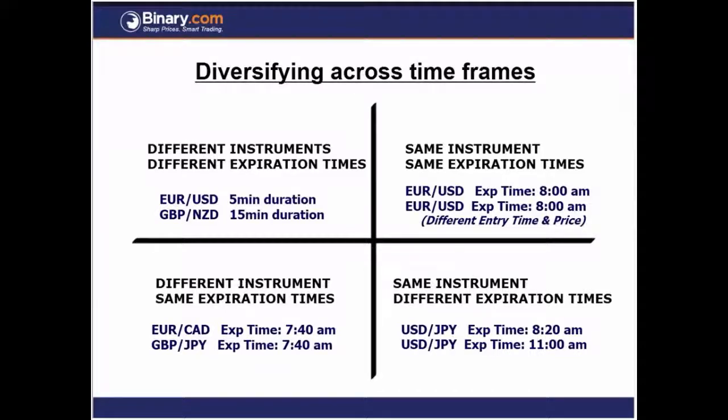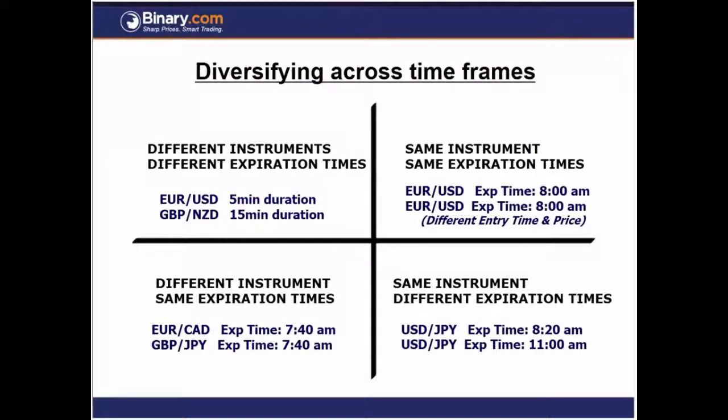So I'll be in two or a few trades on the Euro USD, but with different entry points. I'm diversifying my entry and keeping my expiration time the same across the same instrument. Depending on what's going on with that particular currency, that can be a good way to trade.